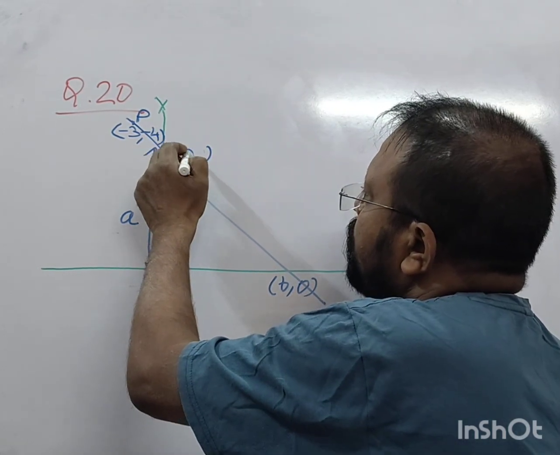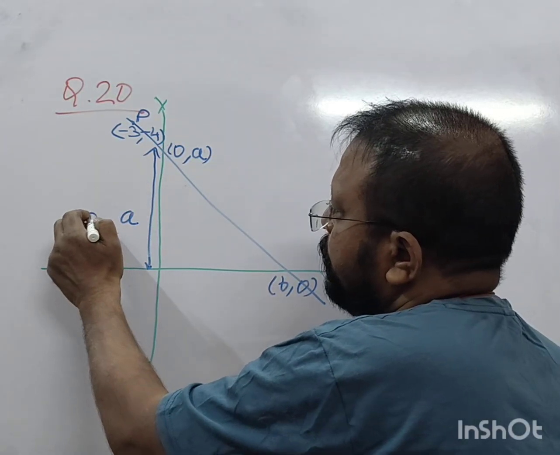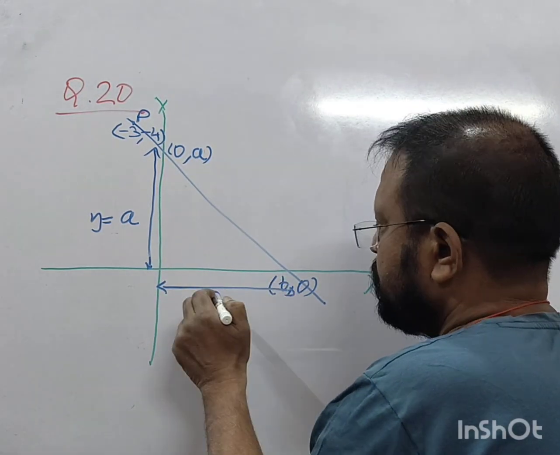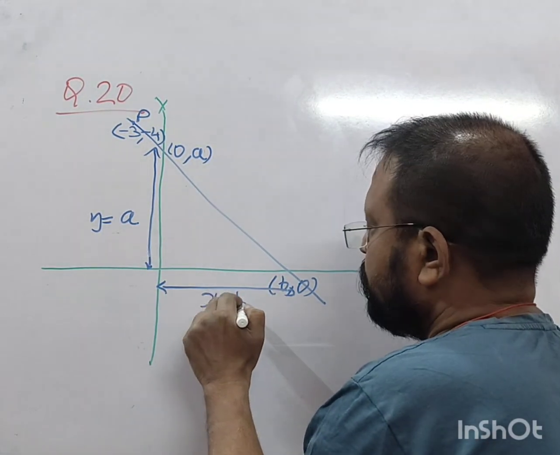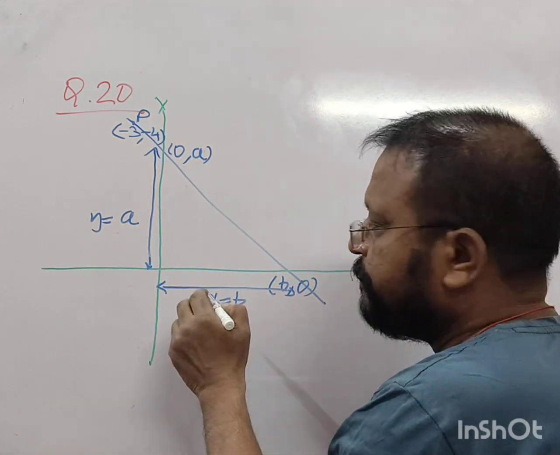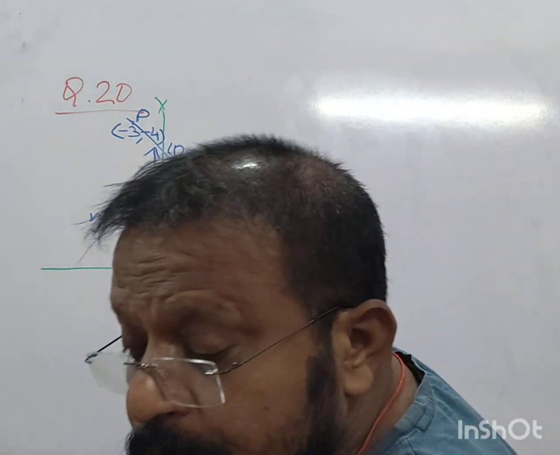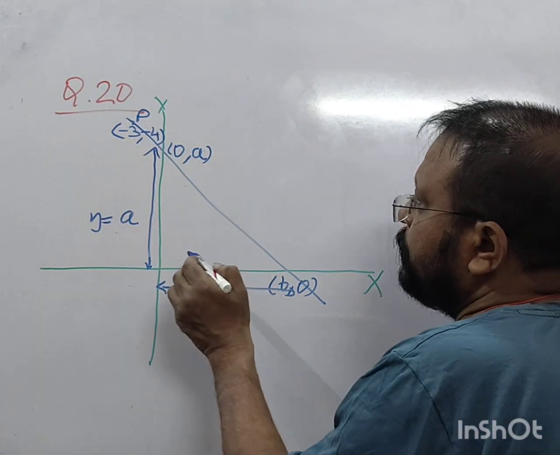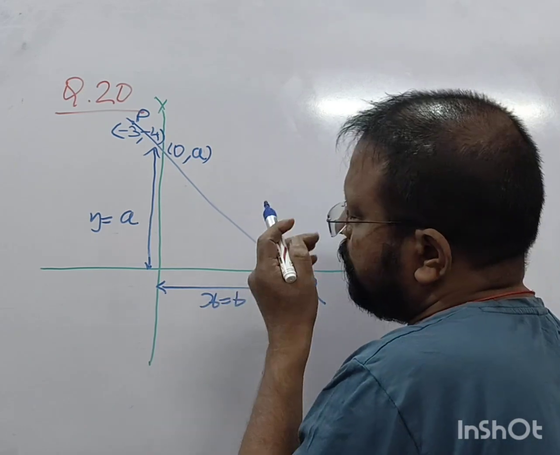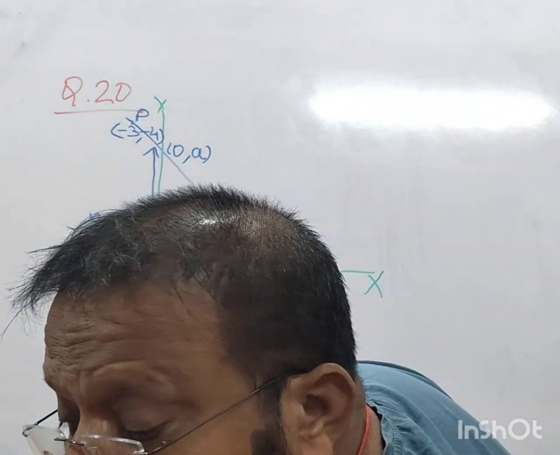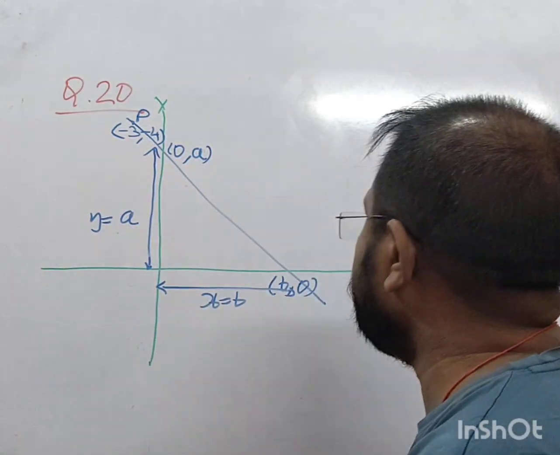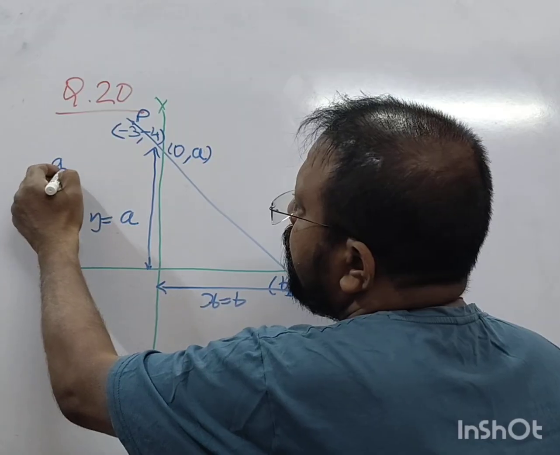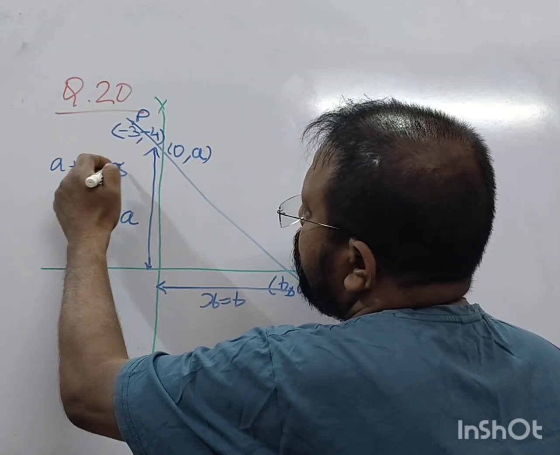This is 0, A, so y is equal to A, and this is x is equal to B. So this is A, this is B. We have to get the slope and find the equation of the line. It is given that A plus B is equal to 5.